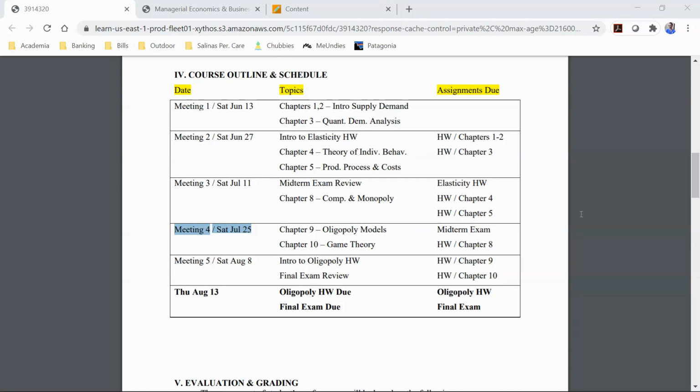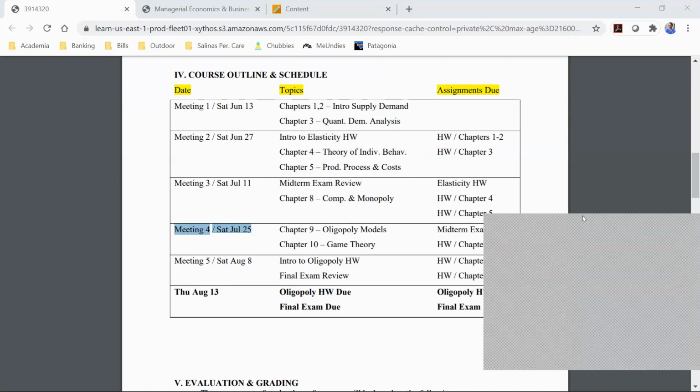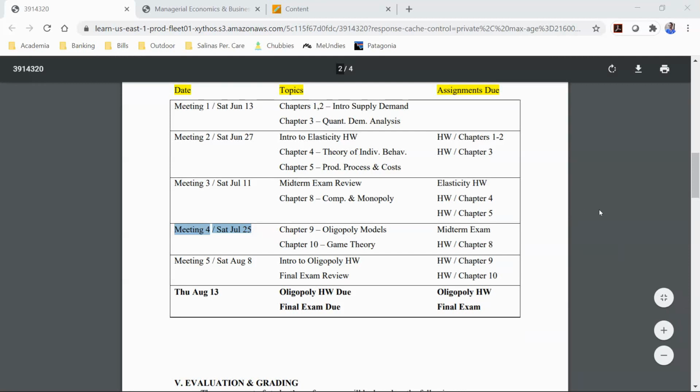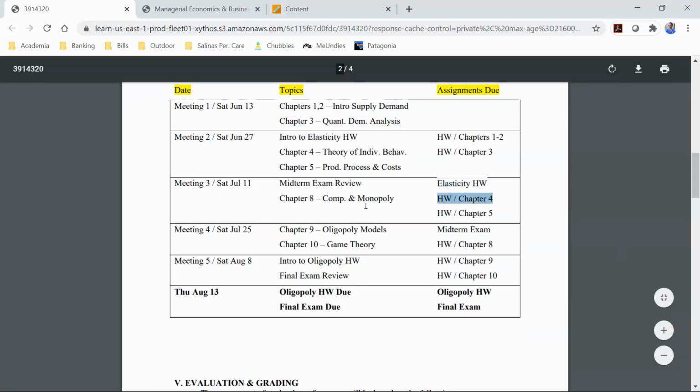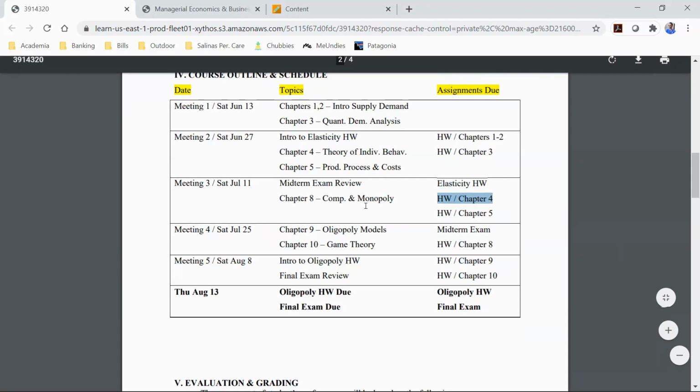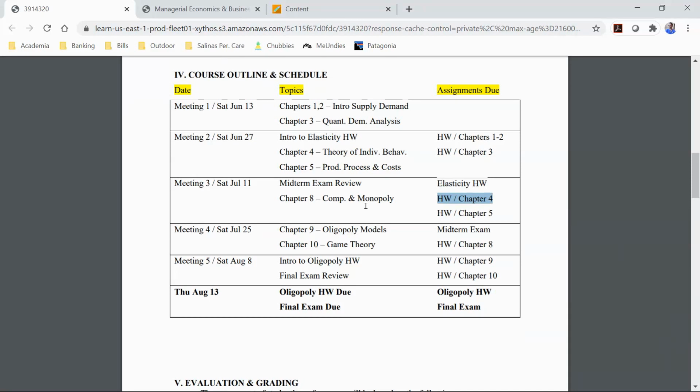So I graded all your homeworks that were due last time. You should see a grade for the elasticity homework on Blackboard, a grade for homework 4, and a grade for homework 5.